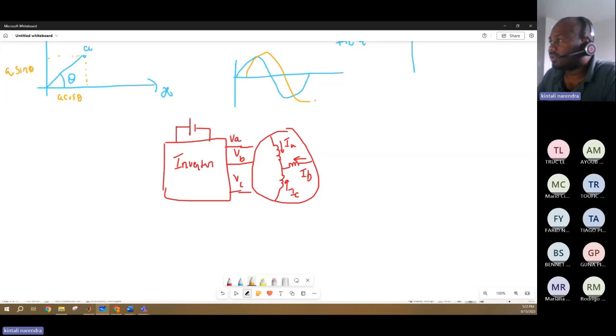All of them are 120 degrees apart from each other. Now, at any given moment of time, there is only one current which is dominant. The other currents are not dominant because they are out of phase.